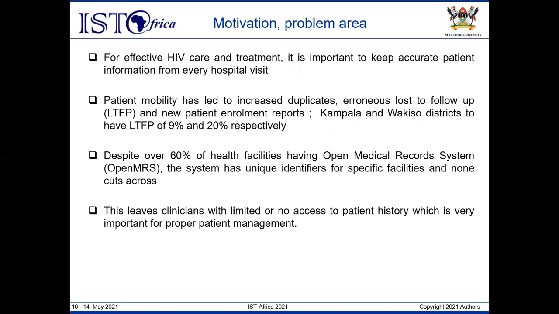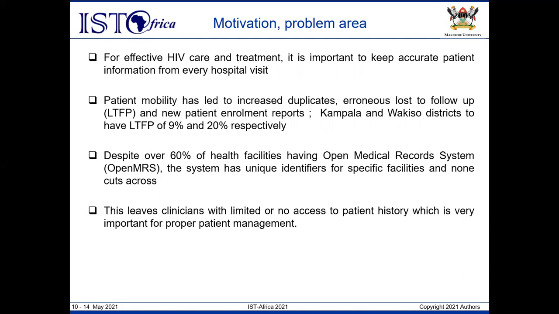respectively. Despite over 60 health facilities in Uganda having OpenMRS, the open medical record system, the system has unique identifiers which are specific to each health facility, and none of these unique identifiers cuts across all of them.